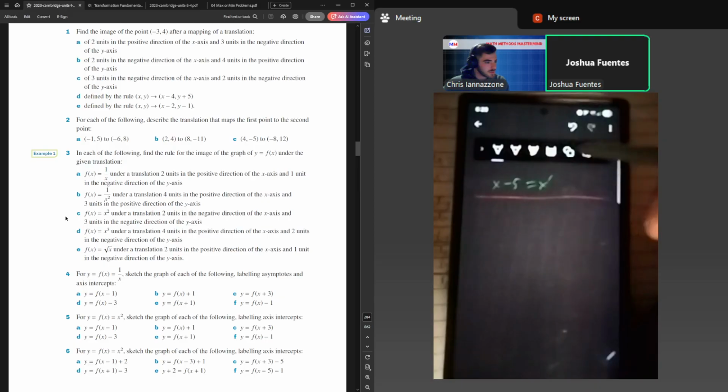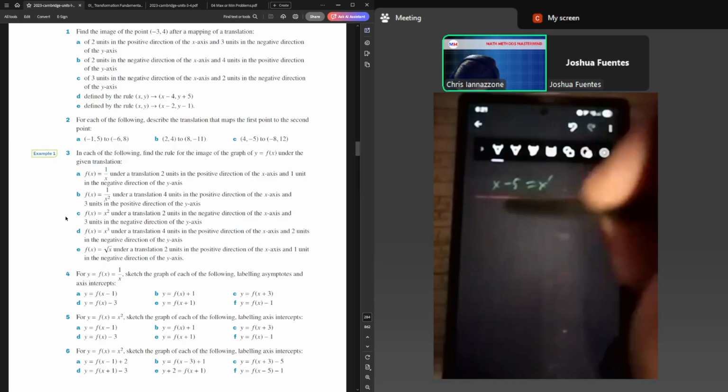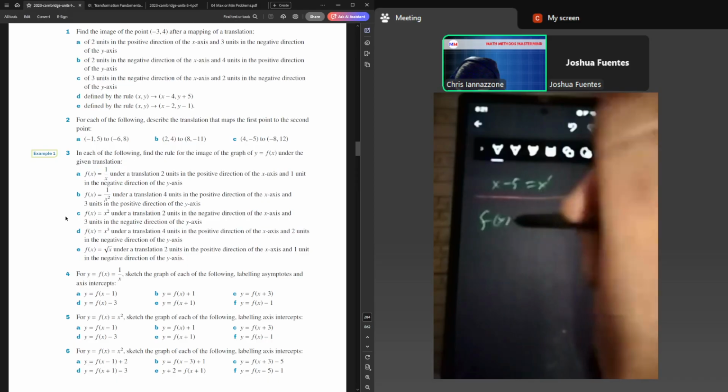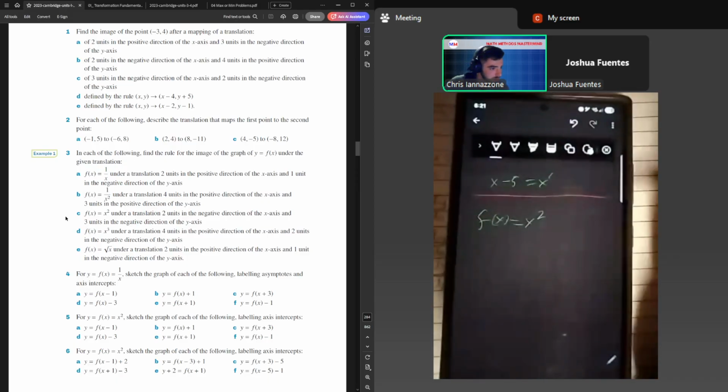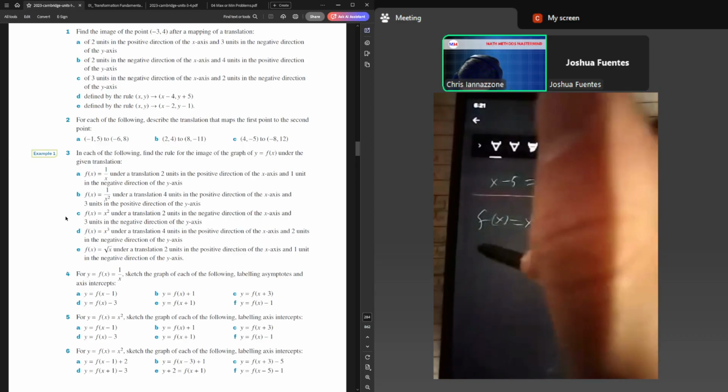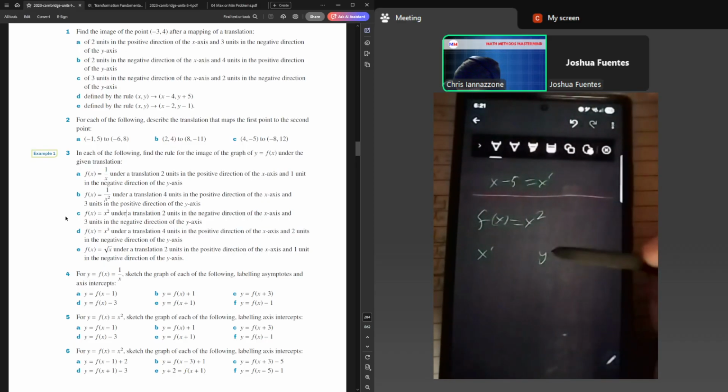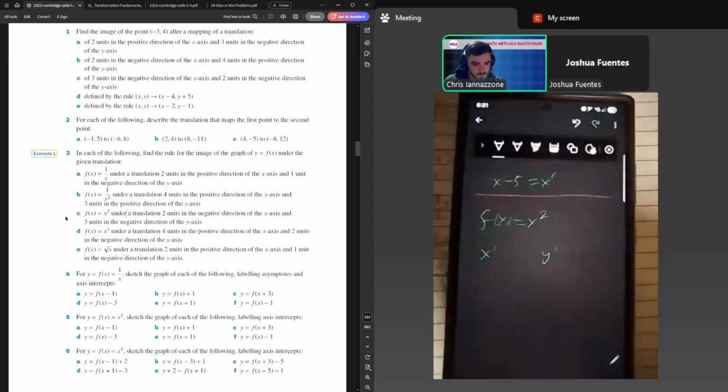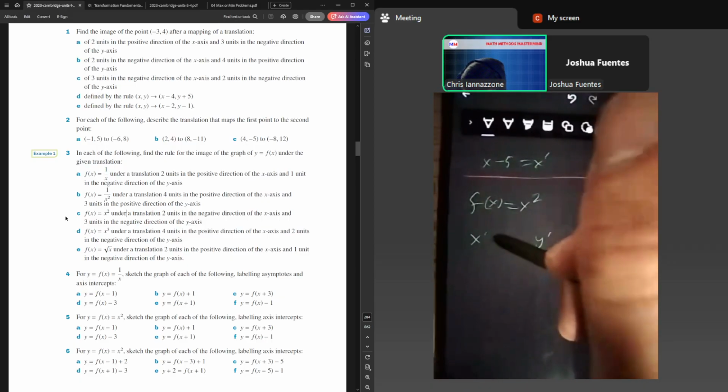All right. Okay, so we have f of x is equal to x squared, and then we have a shift 2 in the negative x and 3 in the negative y. So if you think about what your x dash y dash are going to be, what are we going to have for x dash y dash?